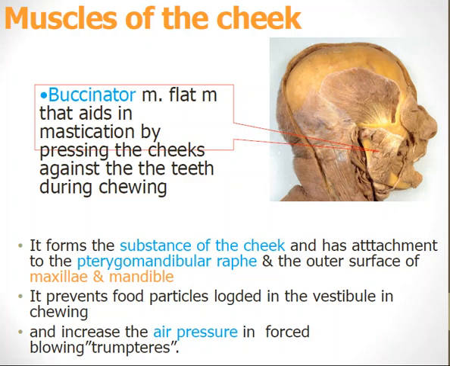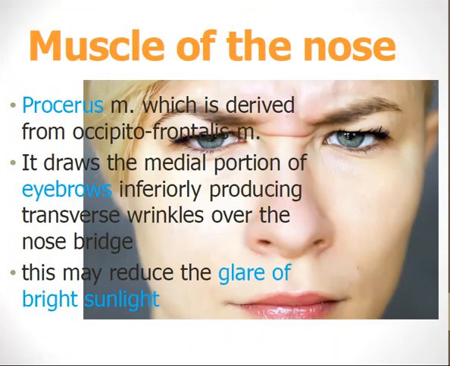So these muscles of the face, as we mentioned, are around the opening of the mouth, while the other muscles around the nose are concerned with the anatomy of the nose, like the procerus muscle, which is derived from the occipitofrontalis muscle here, and it draws the medial portions of the eyebrows down inferiorly and produces the transverse wrinkles over the nose bridge.